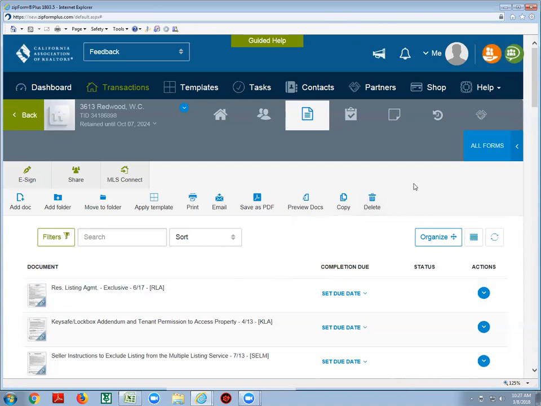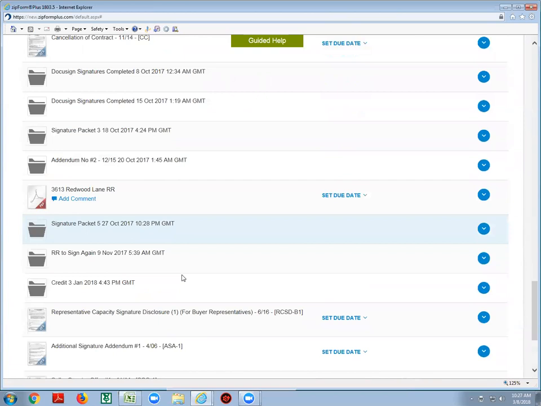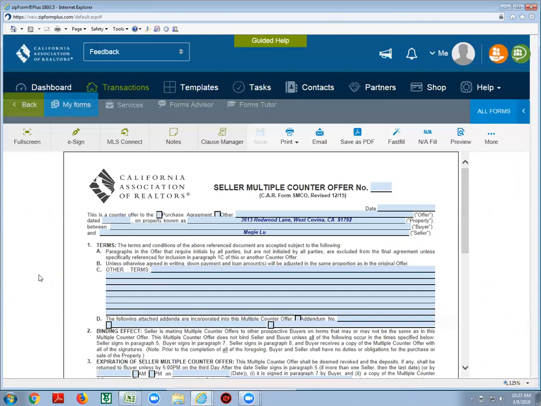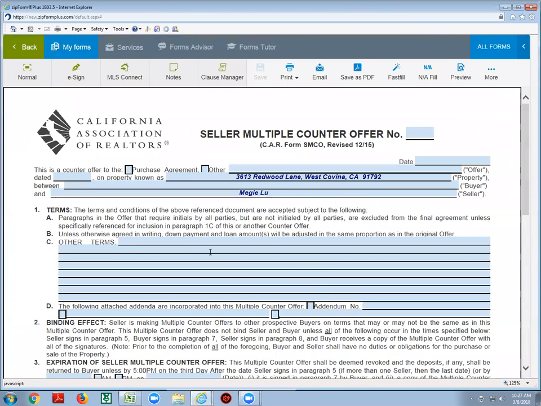All right. Let's start with the seller's multiple counter first. Let me ask you, when you issue the seller multiple counter, what kind of situation do you issue it in? When we receive 2 or more.